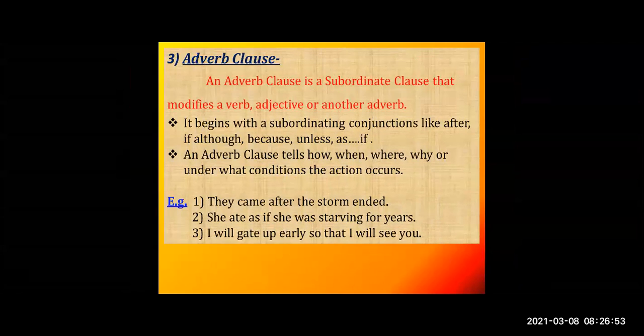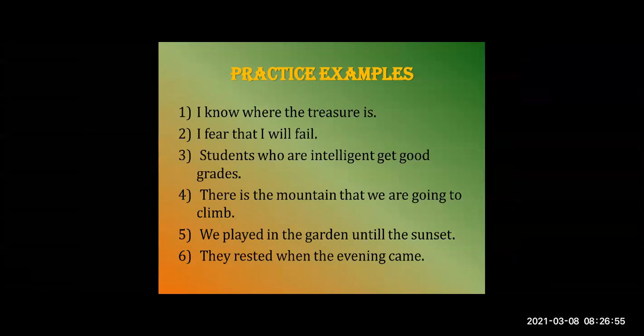So here we have completed the three types of dependent clauses. First, we saw the noun clause, then the adjective clause and its examples, then the adverb clause and its examples.